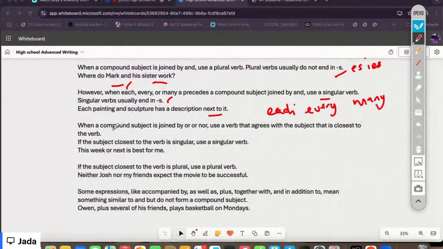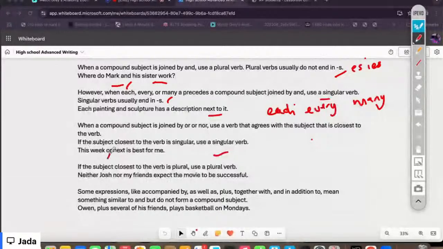When a compound subject is joined by or or nor, you have to use the verb that agrees with the subject that is closest to the verb. If the subject closest to the verb is singular, then you use a singular verb. This week or next is best for me.